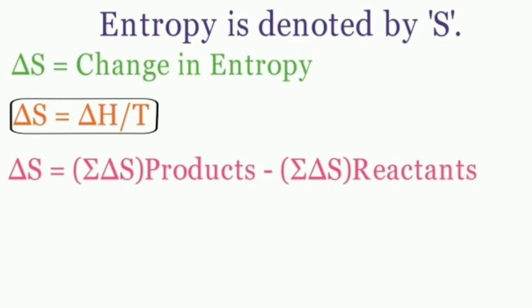Delta S is the change in entropy, then delta S is equal to delta H by T, where delta H is the change in enthalpy and T is the temperature. Change in entropy delta S can be measured. Delta S is equal to sum of entropies of products minus sum of entropies of reactants.